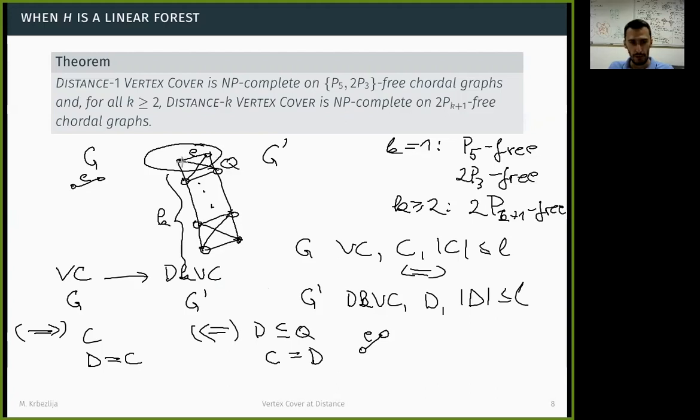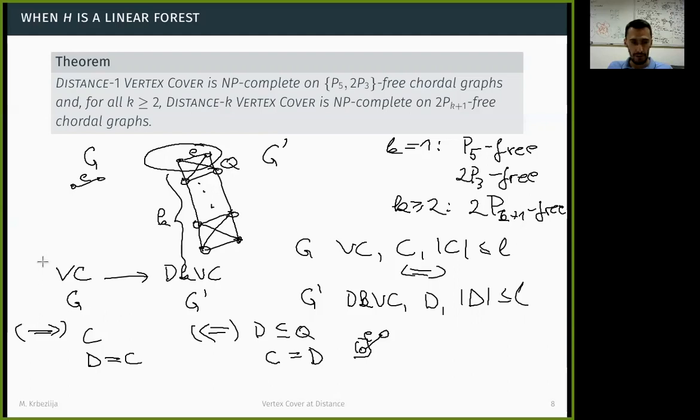So since that ladder is covered by D, and the only vertex that can cover the opposite edge of E is one of the endpoints of E, we have that at least one of the endpoints is in D, and therefore it is also in C, making C a vertex cover.